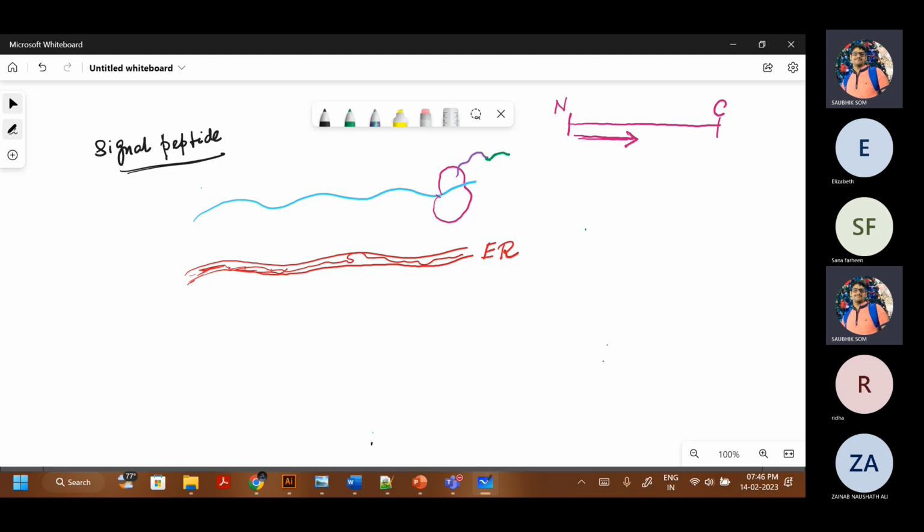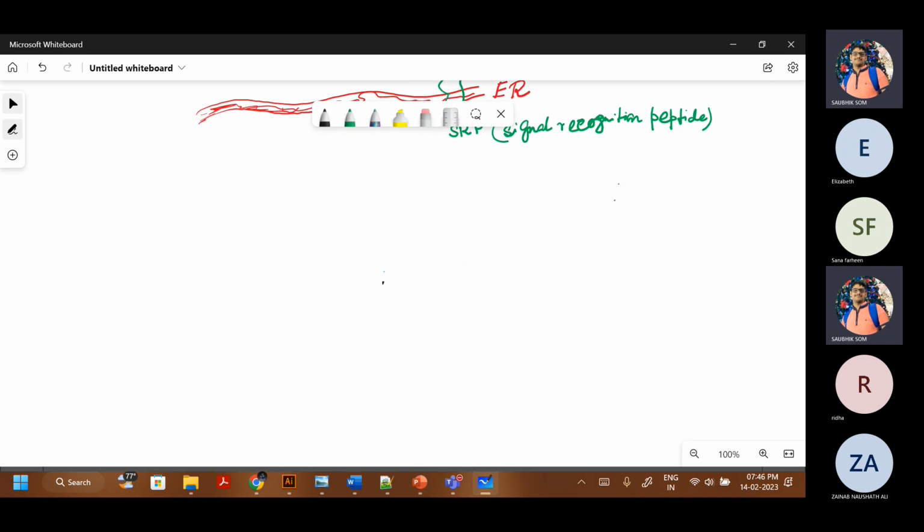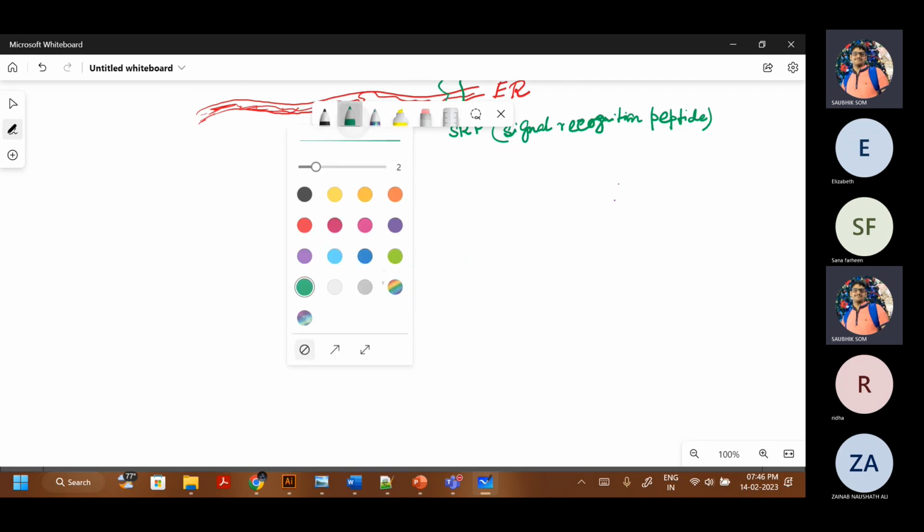If it has an ER signal peptide, it will go and bind to something known as SRP, or signal recognition particle. It will go and bind here, and form something like this.